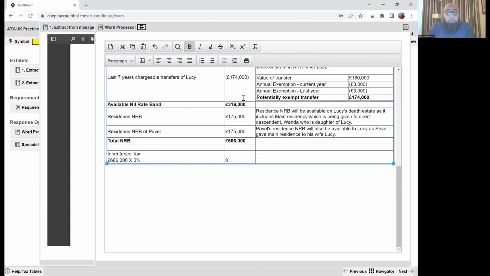So 950,000 minus 666,000, into 40%, which is the death tax, is 113,600.